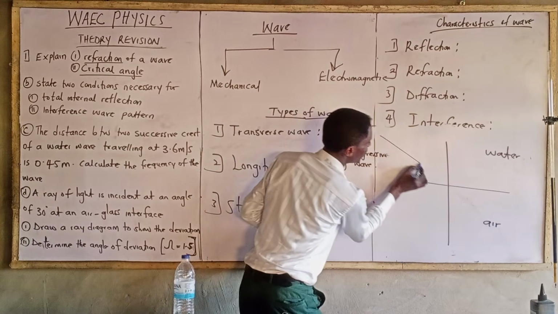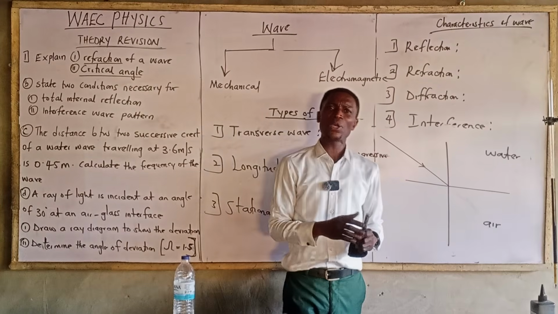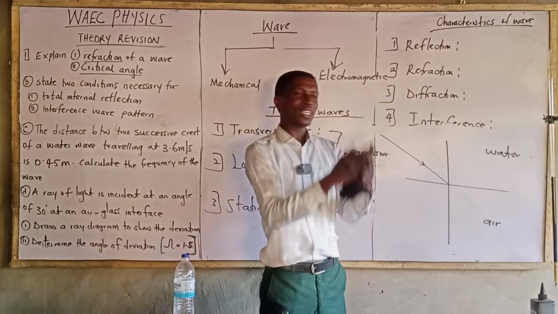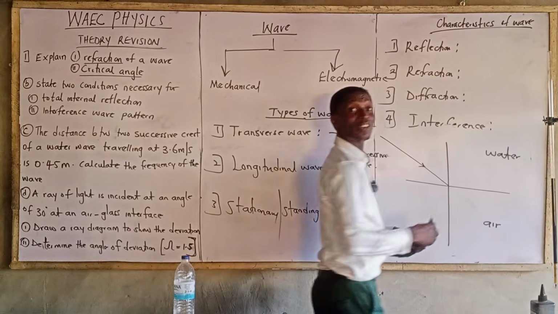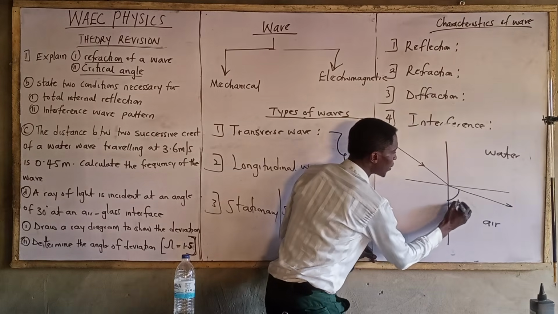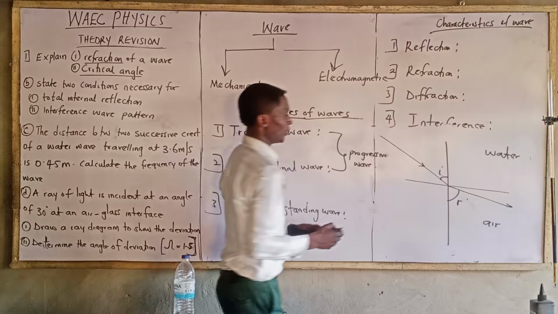Here you have the incident ray going through a less dense. Now when you have a wave moving through to a less dense, you expect it to move away from the normal. That's the explanation. So this floats this way, which has a high angle of refraction, and this one becomes the angle of incident.